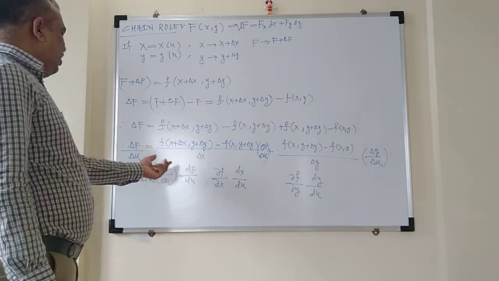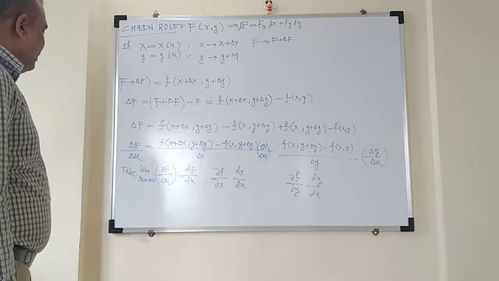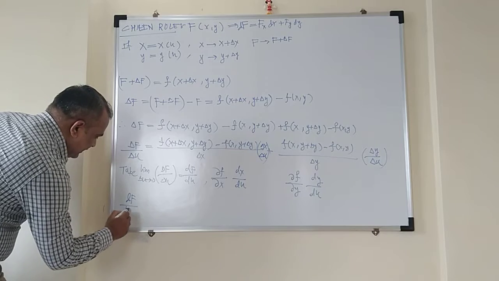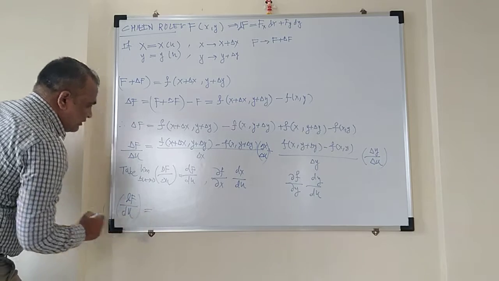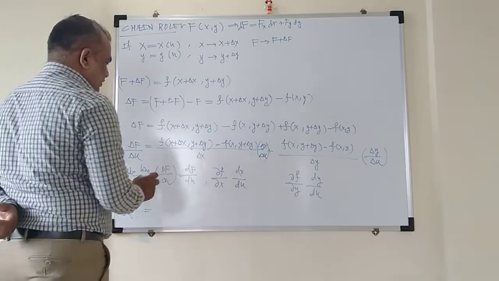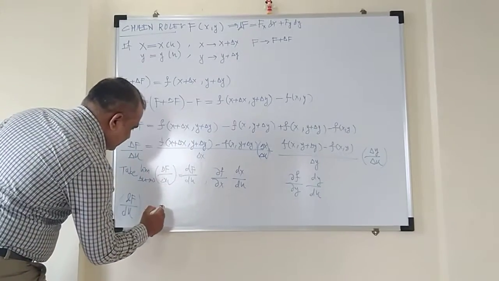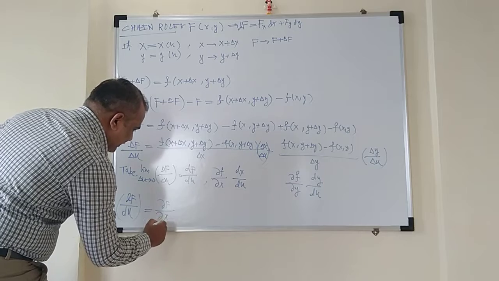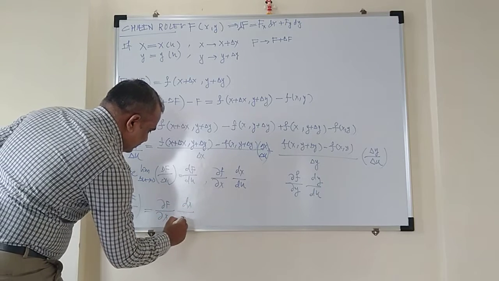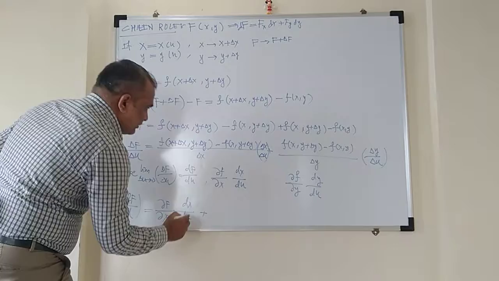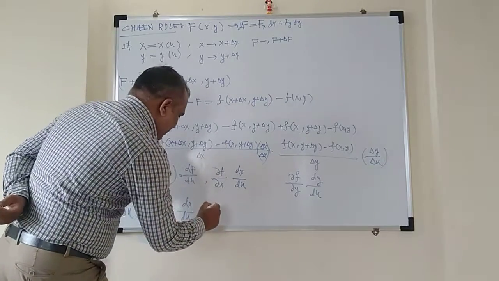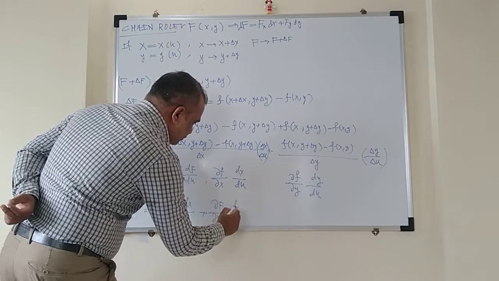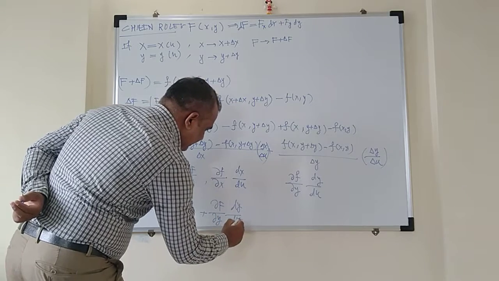And if you put all these things into the above equation, this will give you df by du is equals to dou f by dou x into dx by du, plus the second term will give you partial differentiation of the function with respect to y into dy by du.